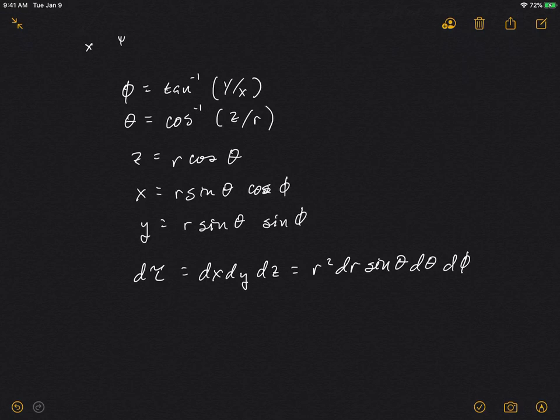And so this r squared and so on end up being important in some cases. We have to include this as our differential volume element when we do integrations of wave functions, say to normalize a wave function in spherical polar coordinates.